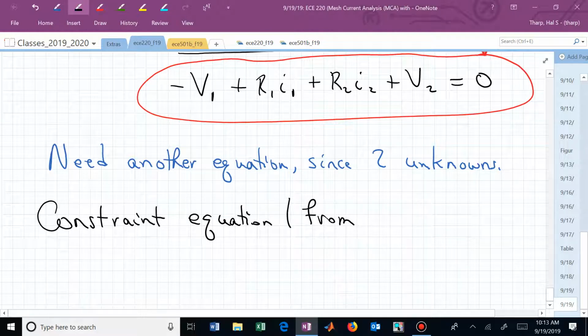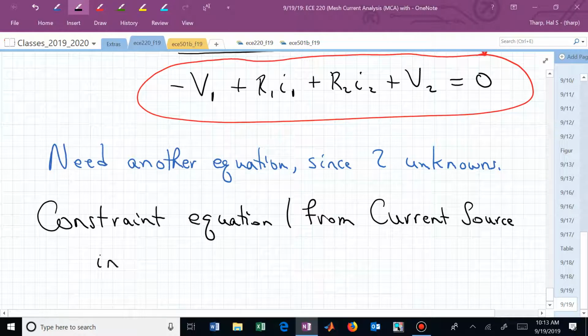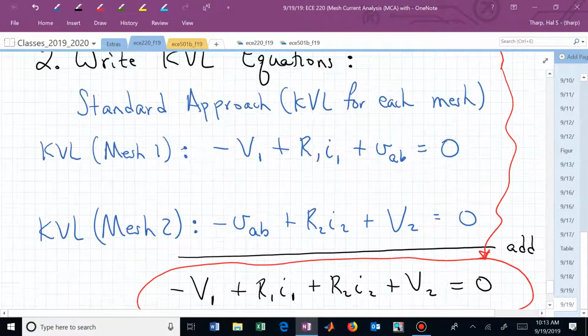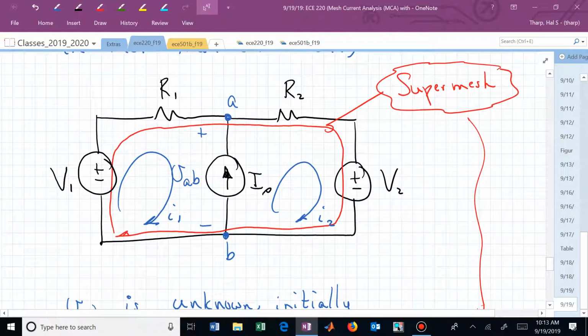That's going to be obtained from the current source in the two meshes. How do I relate capital I sub s, little I sub 1, and little I sub 2?